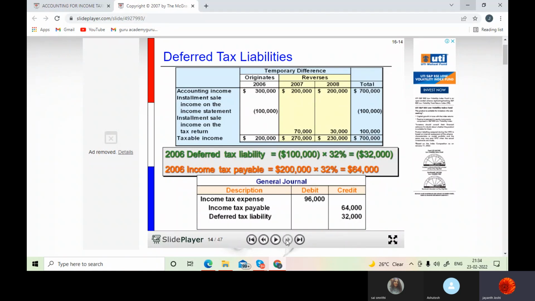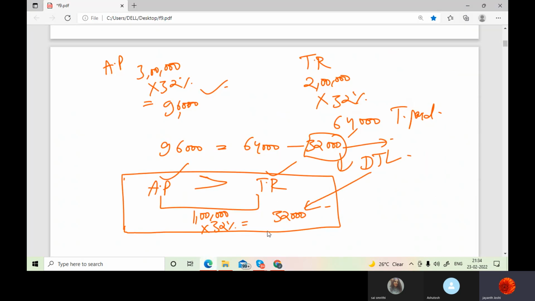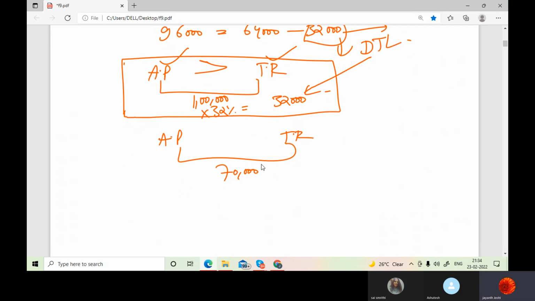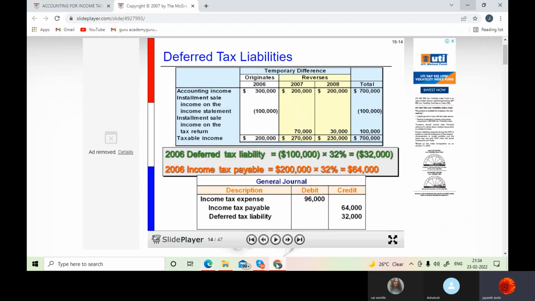How would it reverse? Again, I will tell you to take the alternate method. The alternative method is, see, accounting profits you take, tax returns you take. The difference between these two is 70,000 in the next year, correct? And 70,000 you are showing here, it is having the 70,000 balance more here, correct? You can check the slide.